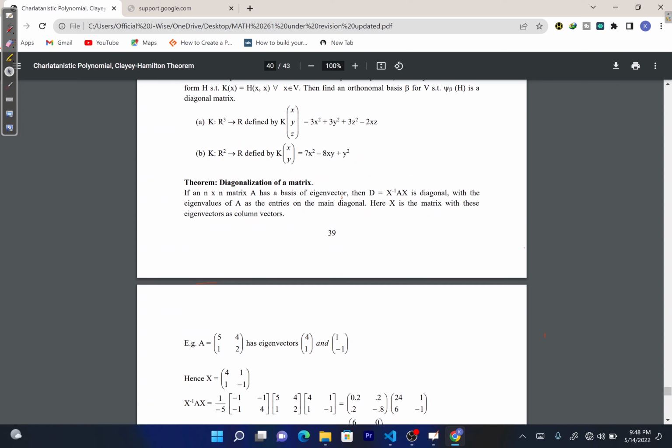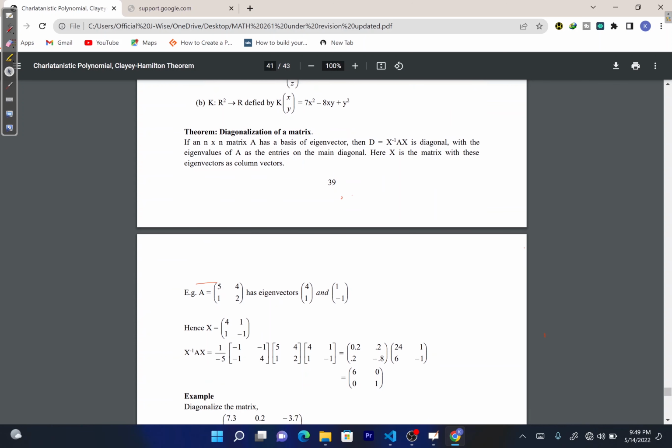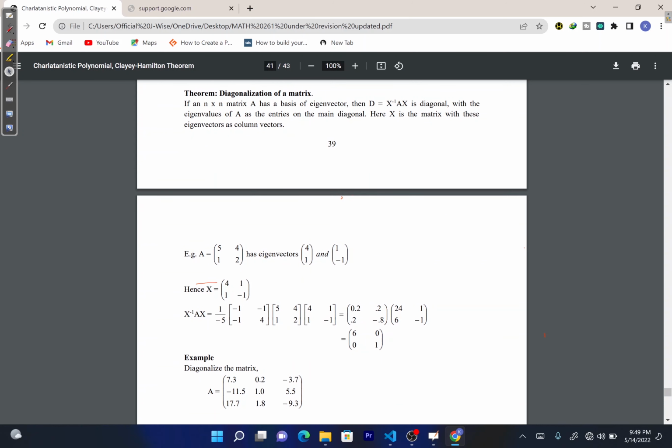Okay, so there are more examples on diagonalization of matrices. So here is matrix A, and here are the eigenvectors of A. Use the eigenvectors to generate matrix X. But remember, A is not symmetric.